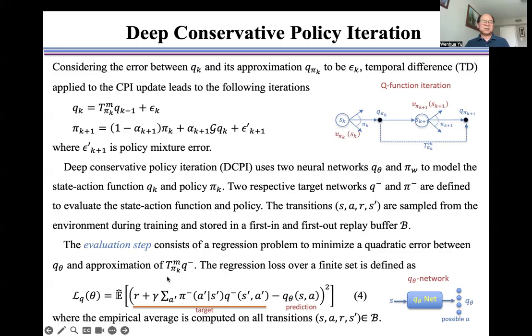The evaluation step consists of a regression problem to minimize the quadratic error between Q theta and the approximation of the target, Q bar. The regression loss over a finite set is defined as here. This target and this prediction are explained in this figure, whereas the empirical average is computed on all transitions (S, A, R, S prime).